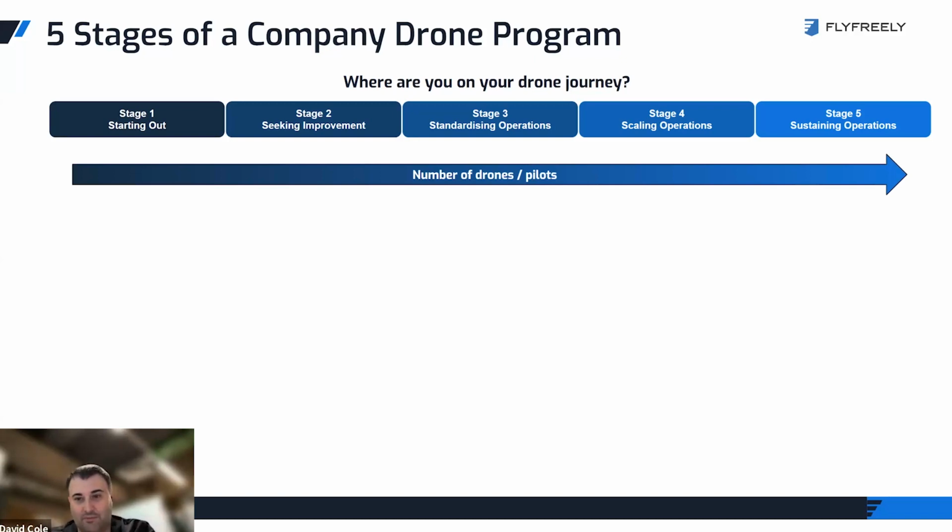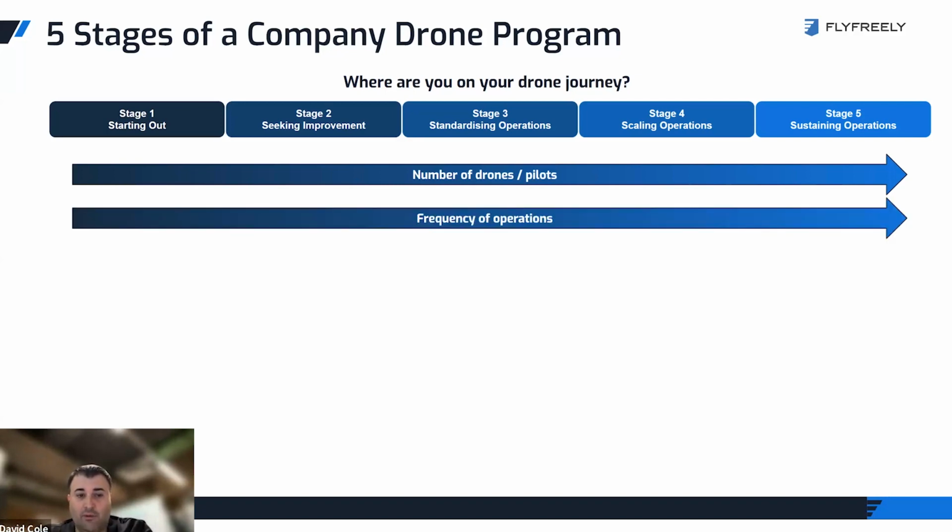That's not explicitly required. For example, you could be a small company that's actually quite sophisticated. But typically, by stage 4 and 5, you're at tens, if not hundreds, of drones. Likewise, the amount of flying you do increases as you get more sophisticated.